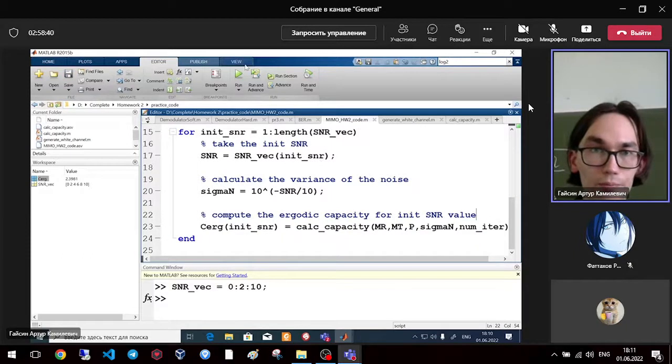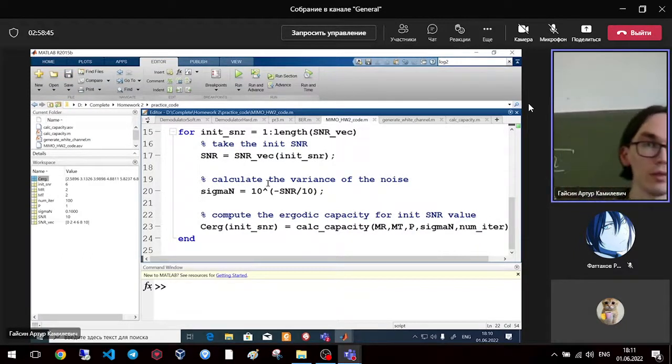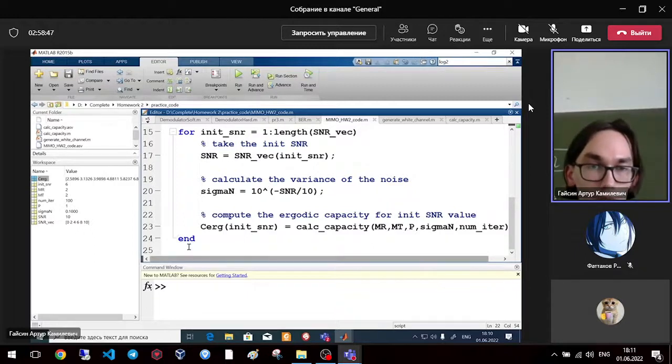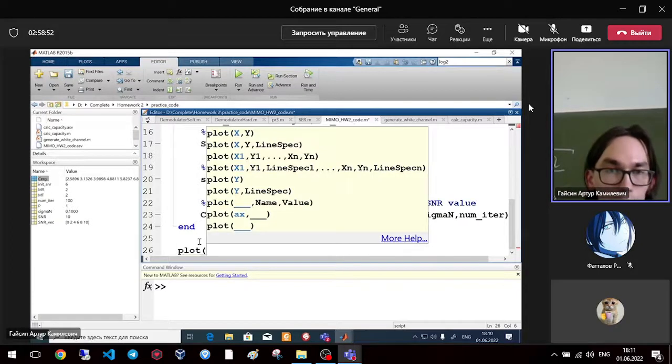Let's check our code. Yeah, great. So this one, something like the second part of your homework. And here, let's, for example, see what we have in this case.